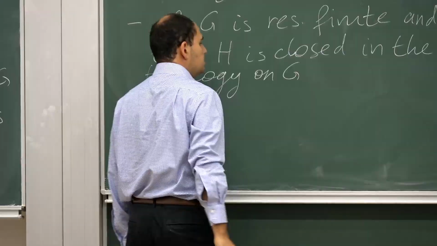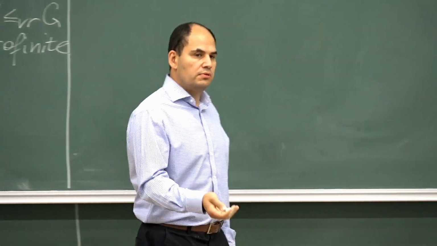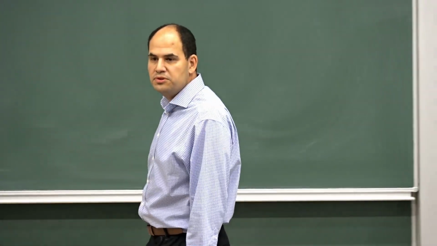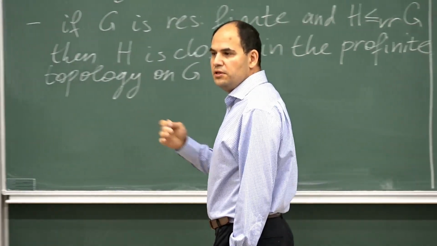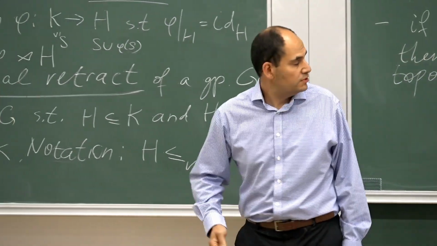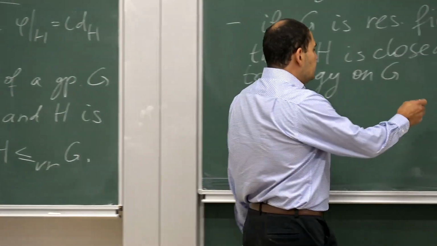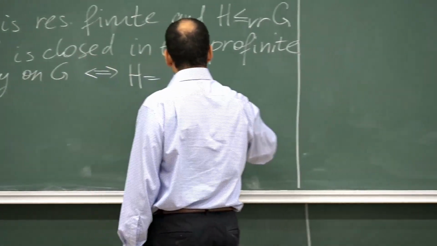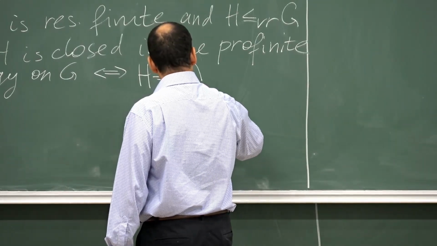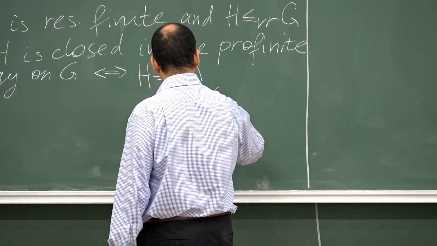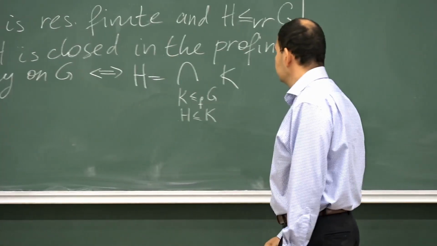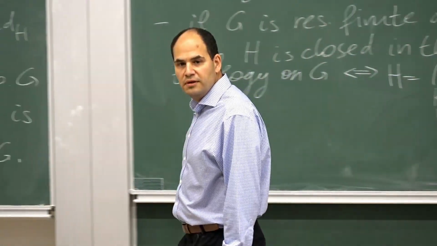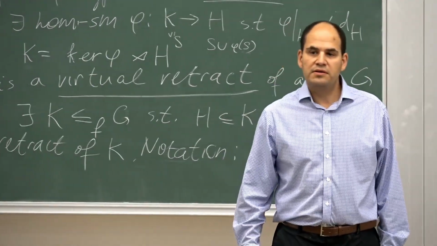So the profinite topology is a topology that you can define on any group. The basic open sets are just cosets of finite index subgroups, and G is residually finite if and only if the trivial subgroup is closed in this topology. Alternatively, it is equivalent to saying H is equal to the intersection of finite index subgroups of G containing H. So in some sense, you can approximate your subgroup H, your virtual retract, by finite index subgroups.